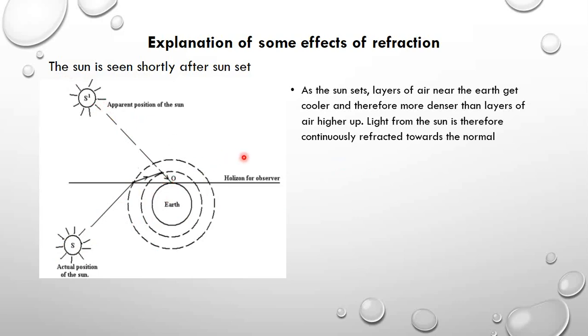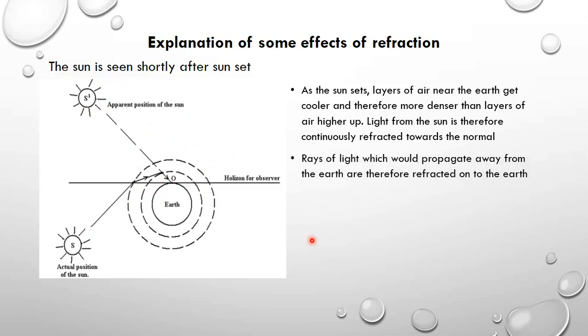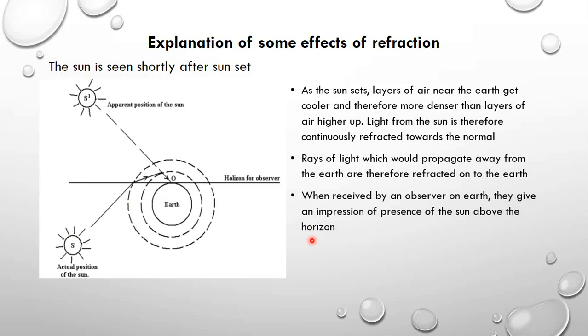And so the apparent position of the sun is going to be at S1. Therefore, the sun is going to be seen shortly after sunset. A similar situation also occurs in the morning during sunrise. The only difference is that in the morning, the layers of air just above the earth is warmer as compared to the layers of air far above the earth.